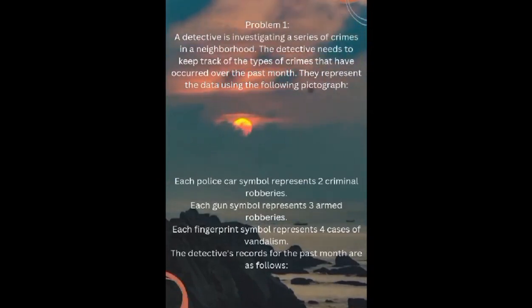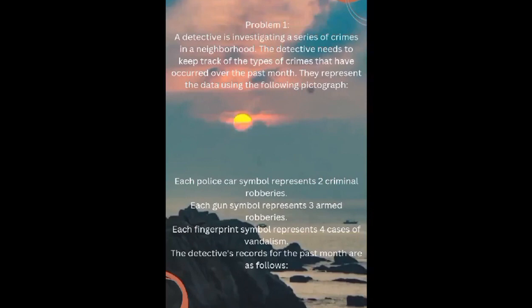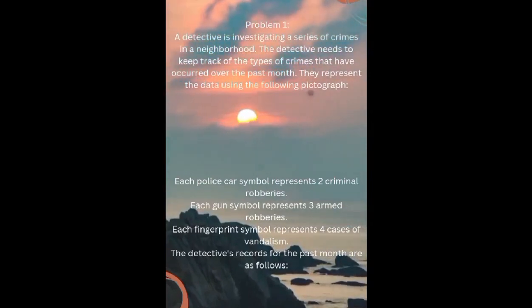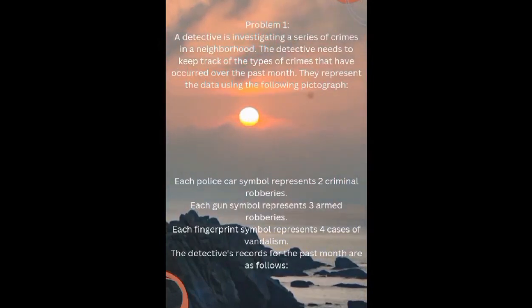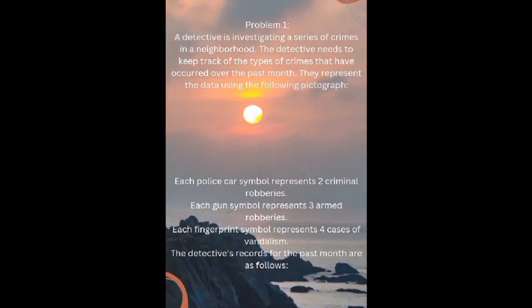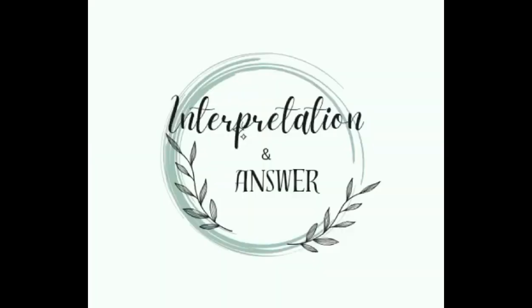The detective needs to keep track of the types of crimes that have occurred over the past month. They present the data using the following pictograph. Each police car symbol represents 2 criminal robberies, each gun symbol represents 3 armed robberies, each fingerprint symbol represents 4 cases of vandalism. The detective's records for the past month are as follows.